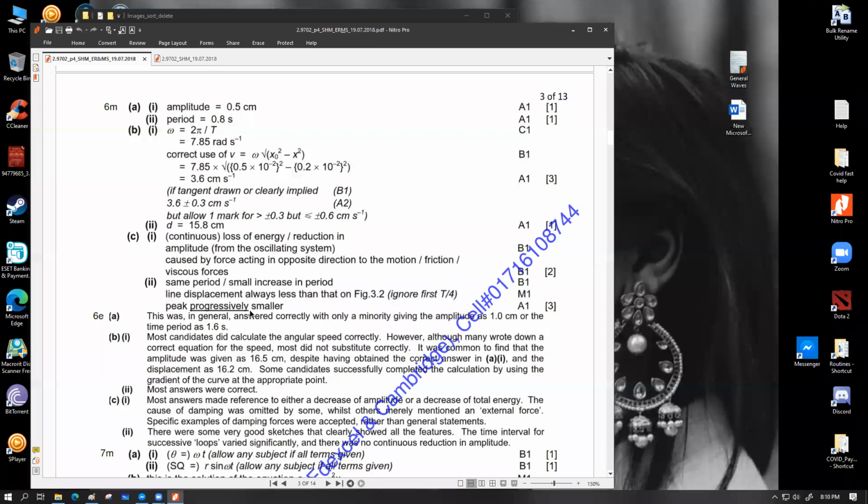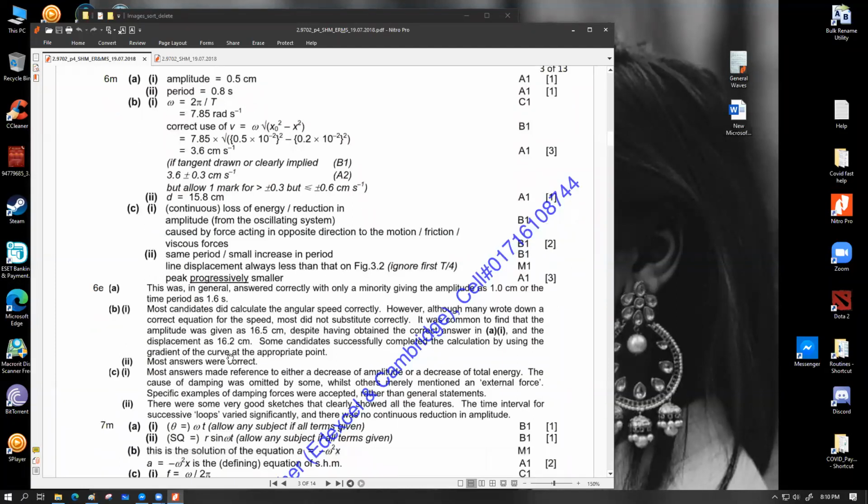So if you drew a graph of, let's say, 1 division smaller, 2 divisions smaller, 3 divisions smaller, 4 divisions smaller, or if you went by a uniform decrease of 0.5, 0.5, 0.5, 0.5, 0.5 for all the drawing, according to this mark scheme, you would still get the mark. But what I just showed you is essentially what happens in a realistic case. Do I make sense? Yes, sir.